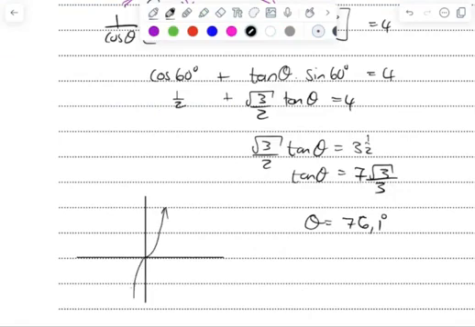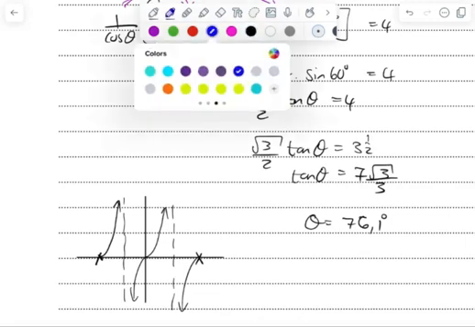I know that goes to 90, and then 180 is over here, and I've got minus 90, minus 180 is over here. So this is where I'm looking, and I was looking at 7 root 3 divided by 3, which is a decimal of about 4.04, so I'm looking for all my answers.